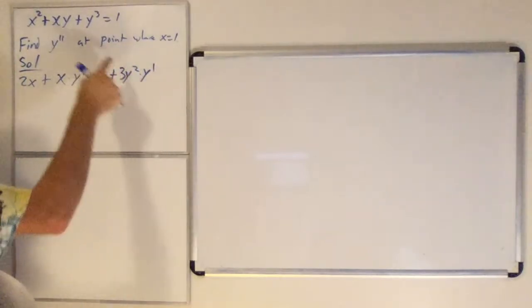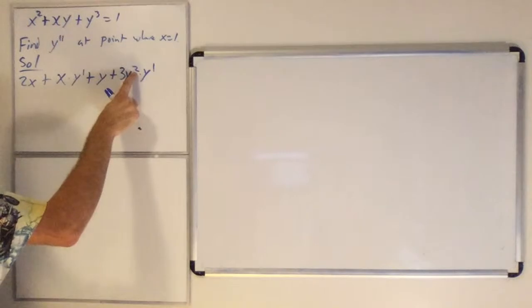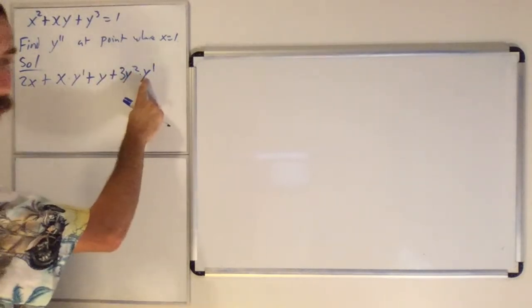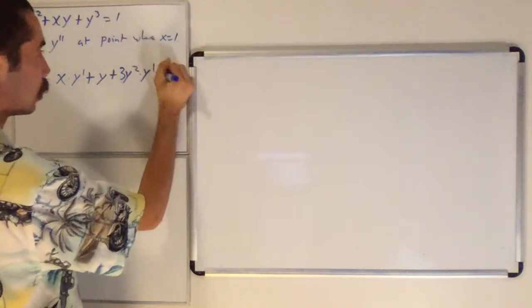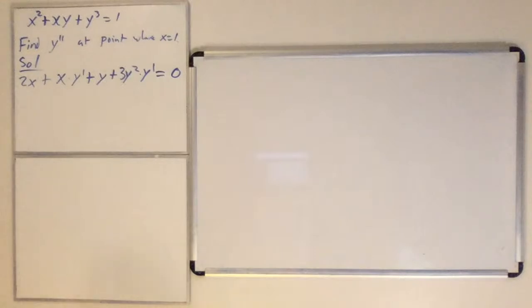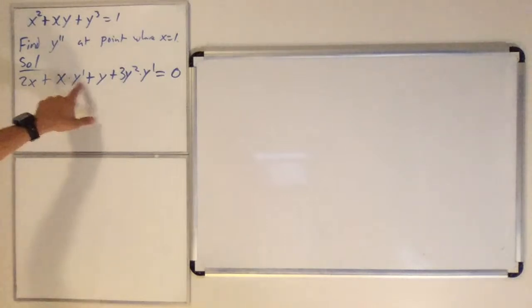This is the chain rule we're doing here. Bring the power in front, drop the power by 1, and then multiply by the derivative of the inside, which is y prime, and then is equal to the derivative of 1, which is 0. Yeah, so we'll keep all the terms with a y prime in it on the left.